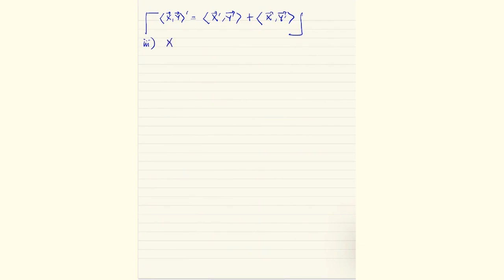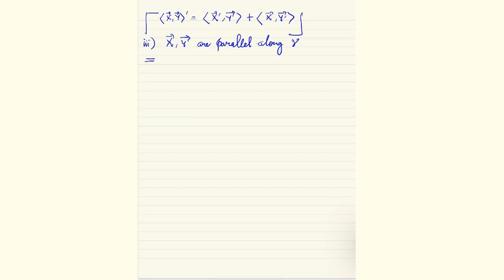So again, under the assumption that x and y are parallel along gamma, then the angle between x and y is actually constant along gamma.